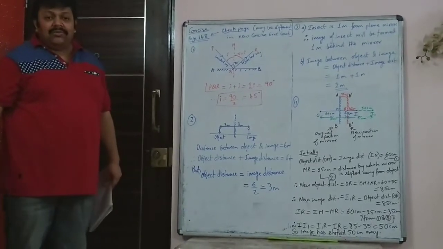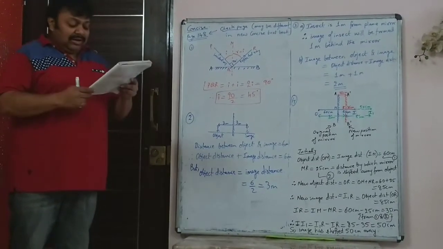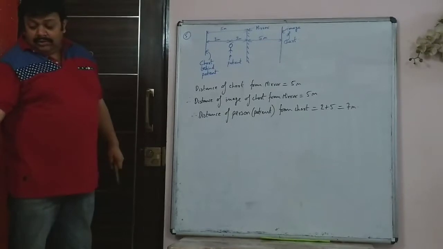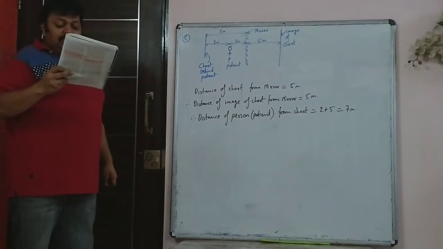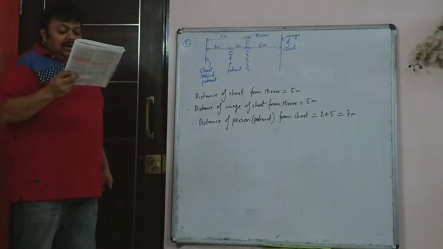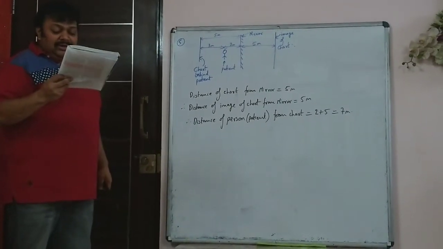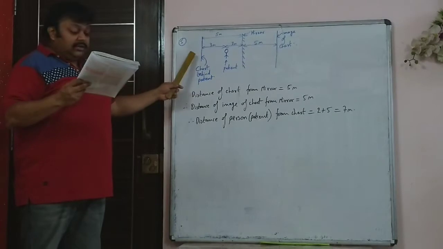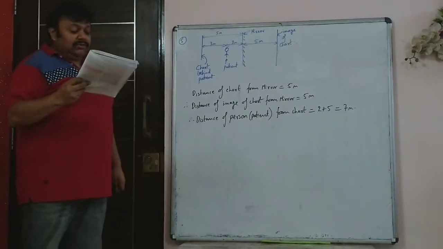There is one more sum, and with that plane mirrors will be over. The last sum. In the last question, it is given: an optician, while testing the eyes of a patient, keeps a chart of letters 3 meter behind the patient.